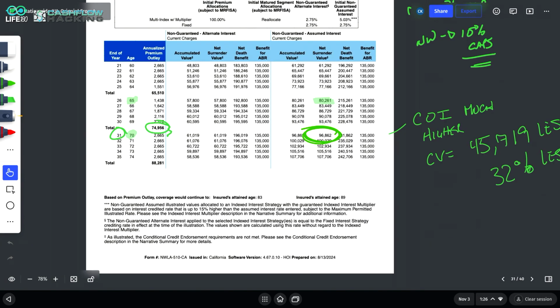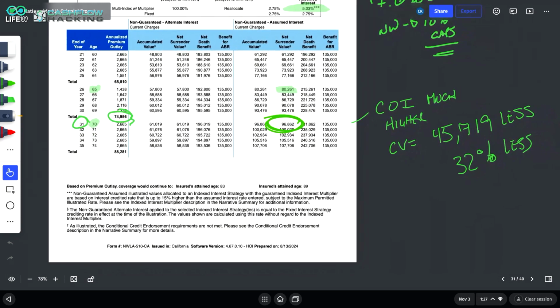But now check this out. Age 70, based on the 5.03 assumption, is $96,000. So that is a huge reduction. That's $45,000 less. It's a 32% difference. Think about that, right?